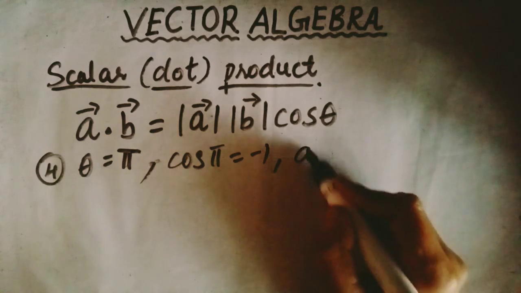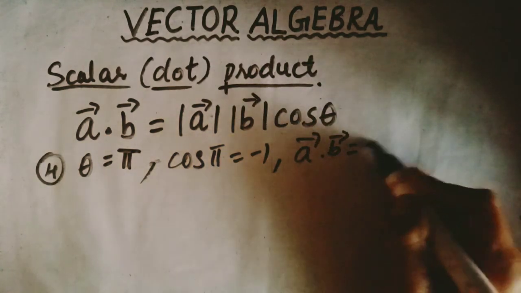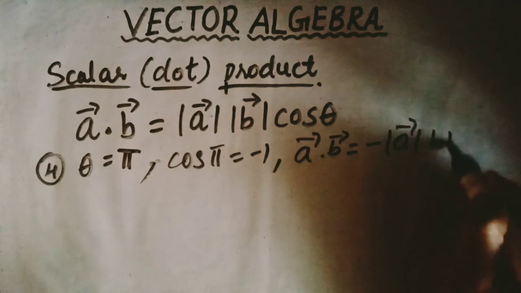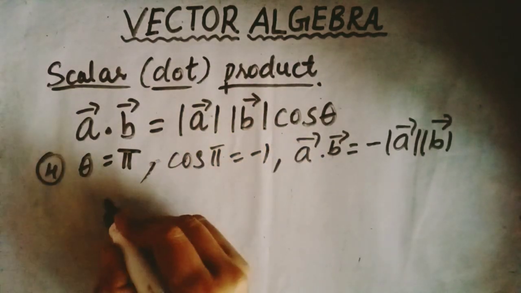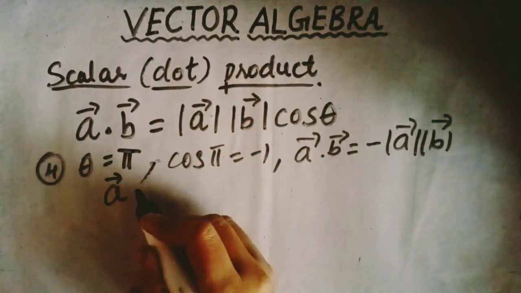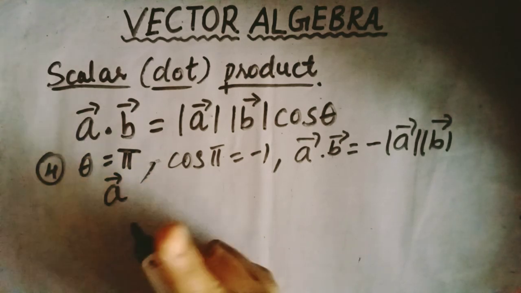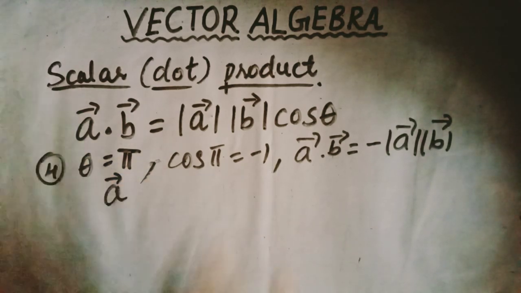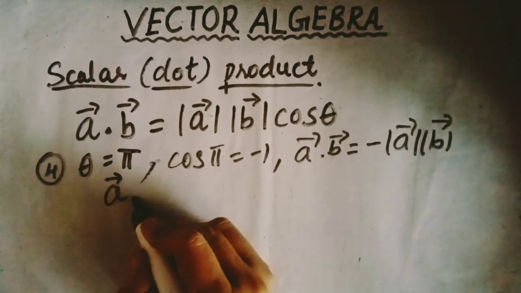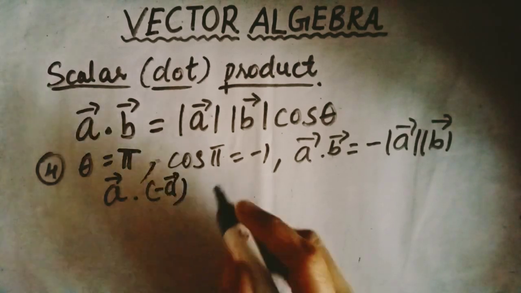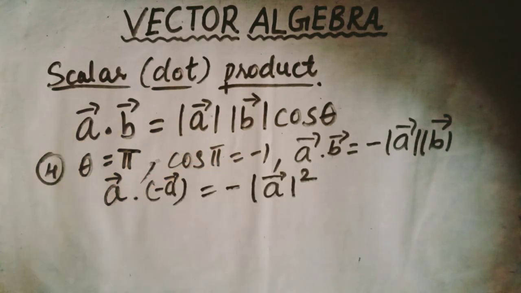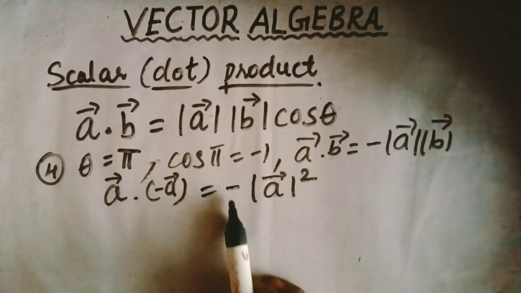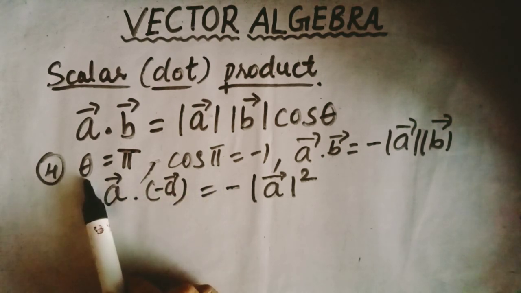So this implies A dot B is minus magnitude of A into magnitude of B. Or in particular, if the vectors are the same, meaning one vector is in one direction and the other vector is the same but in the opposite direction, then A dot minus A will be equal to minus magnitude of A square. So this minus remains in case theta is pi.